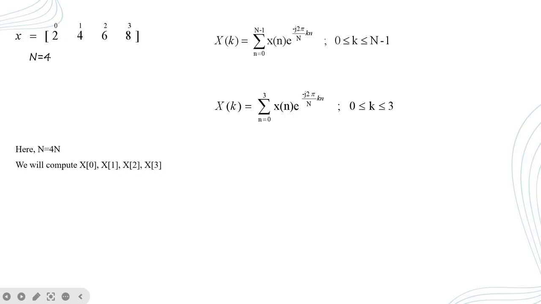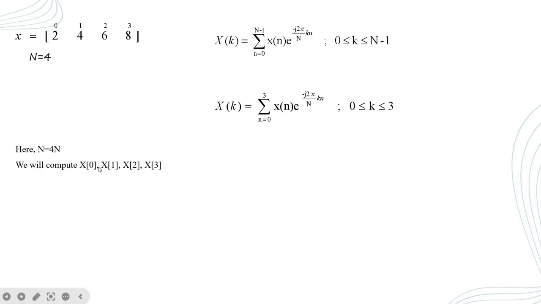This is the formula for our DFT. Here X(k) equals summation n equals 0 to N minus 1. N is 4, therefore N minus 1 will be 3, and the range will be 0 less than or equal to k less than or equal to 3.